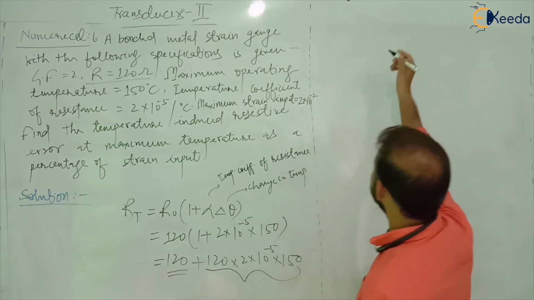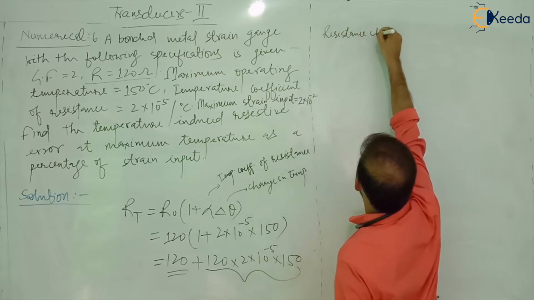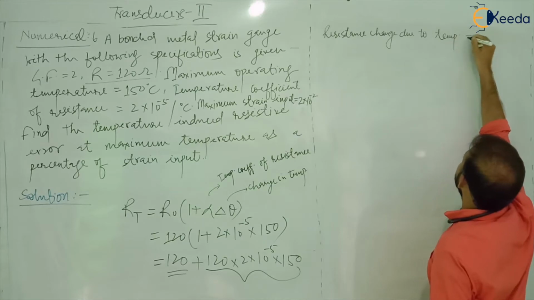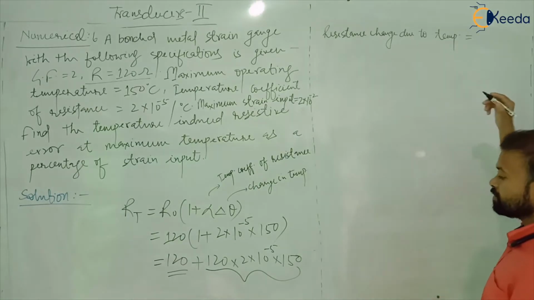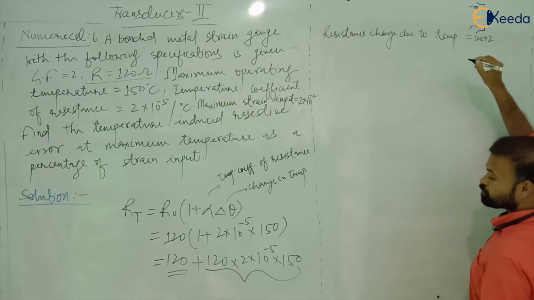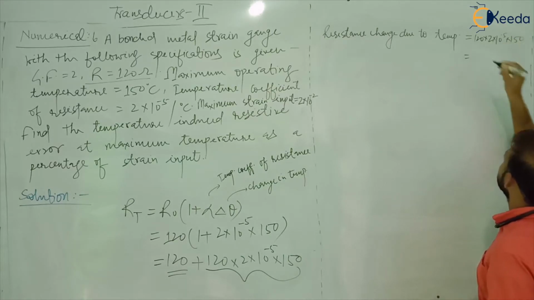So resistance change due to temperature is equal to 120 into 2 into 10 to the power minus 5 into 150.